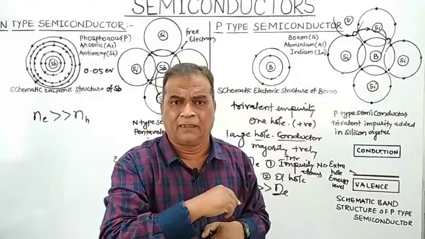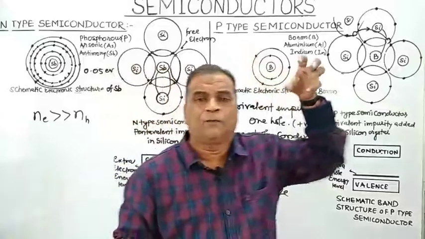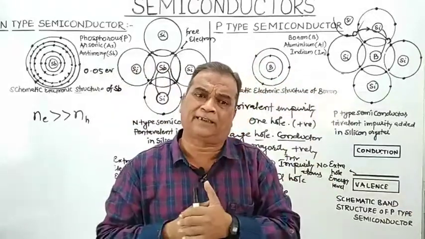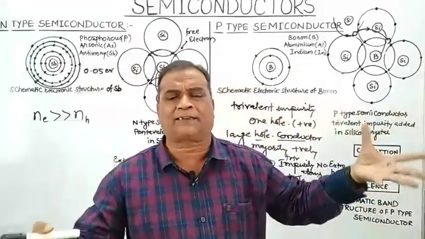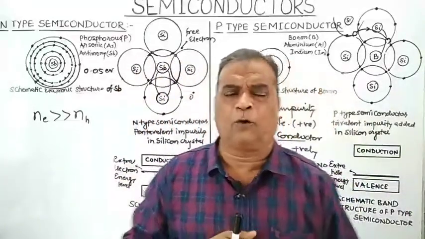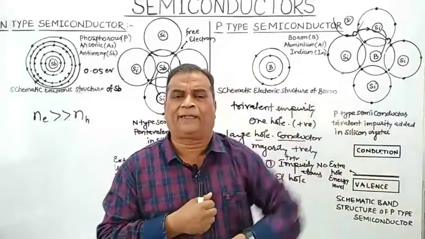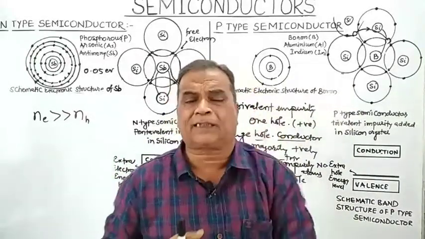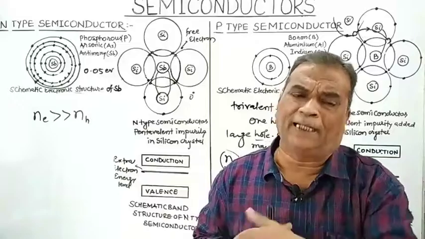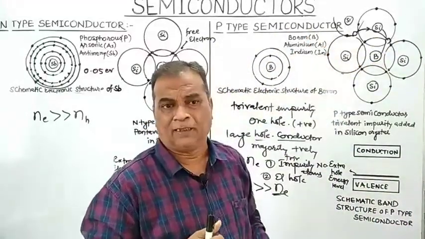It will create both holes as majority charge carriers and free electrons as minority charge carriers, and both these charge carriers are available for conduction of electricity. Because holes are majority charge carriers and electrons are minority charge carriers, conduction of electricity is mainly due to the flow of holes, which is a positive charge.